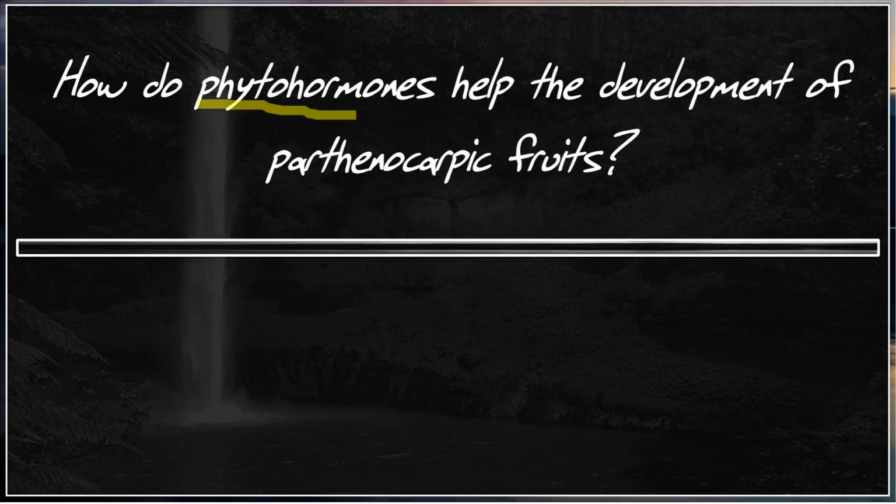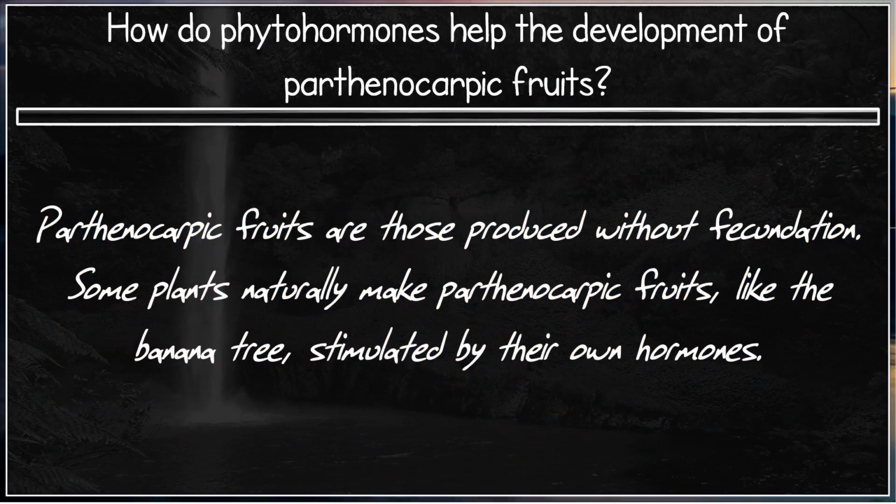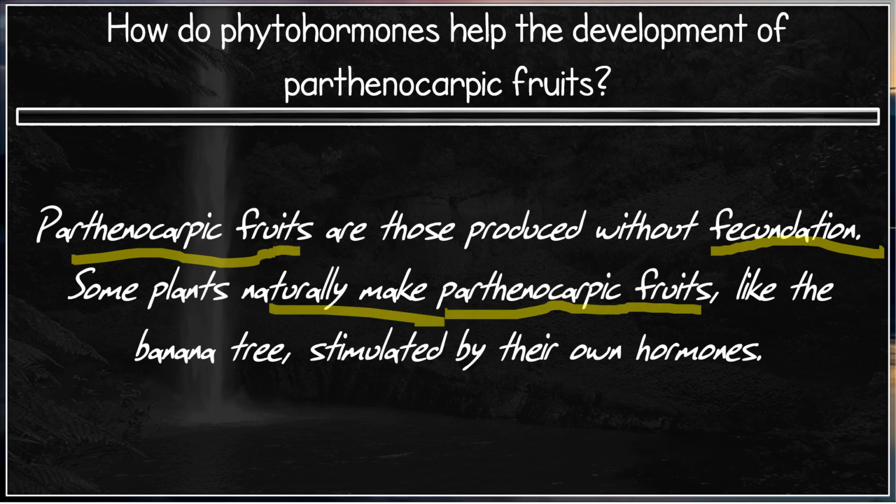What do phytohormones help to develop the parthenocarpic fruits? Parthenocarpic fruits are those produced without fertilization. Some plants naturally make parthenocarpic fruits, like banana trees, stimulated by their own hormones.